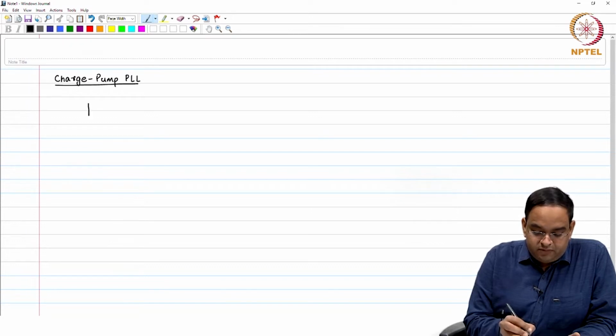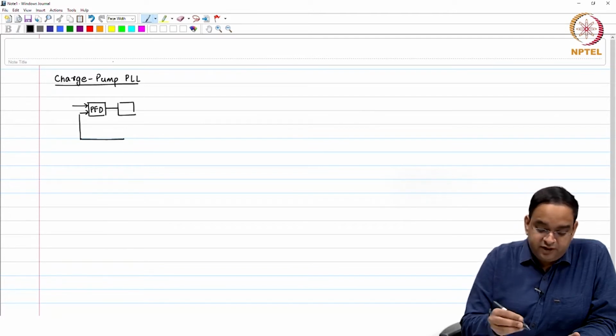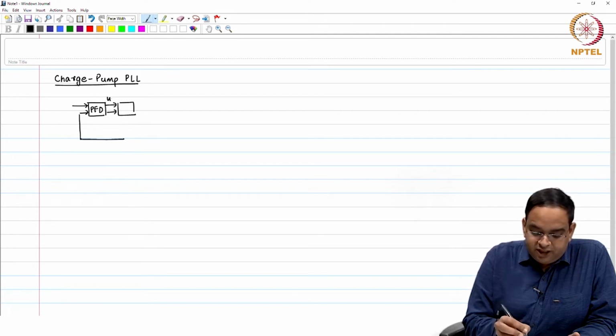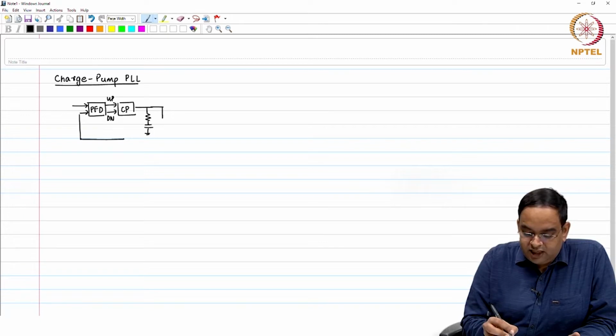So, our PLL was this with a phase frequency detector. The output of the phase frequency detector fed the charge pump using up and down pulses. The charge pump output was given to a loop filter with the resistor R1, C1 capacitor and C2 capacitor.